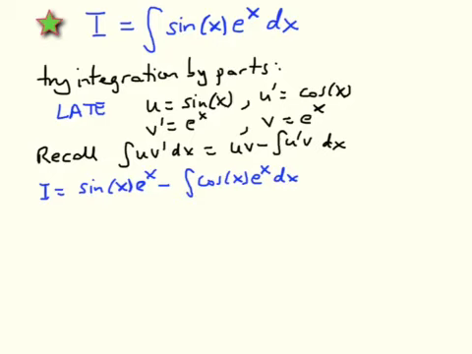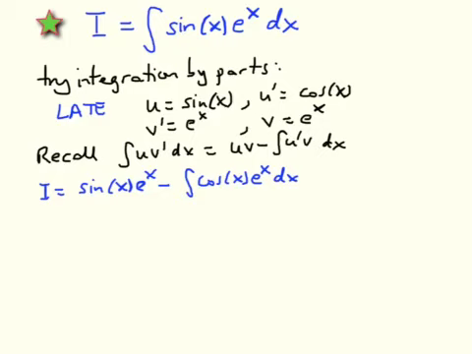So instead, what we want to do is use integration by parts again, and what we have to do is this: the factor that we obtained through differentiation must be differentiated again. The factor which we obtained through integration must be integrated again.